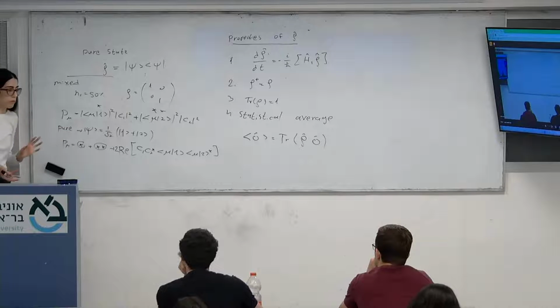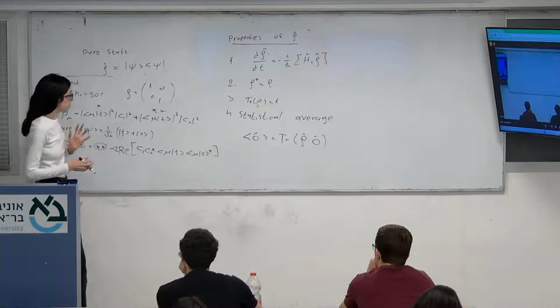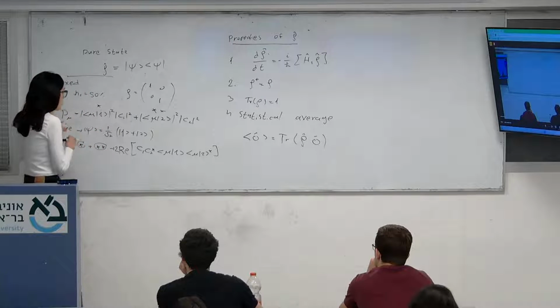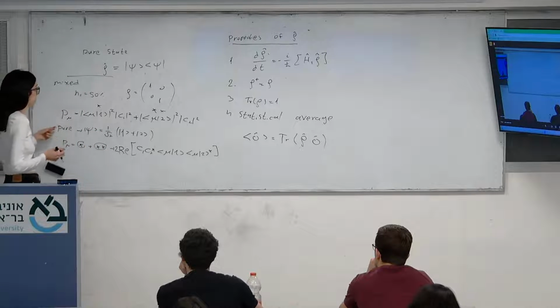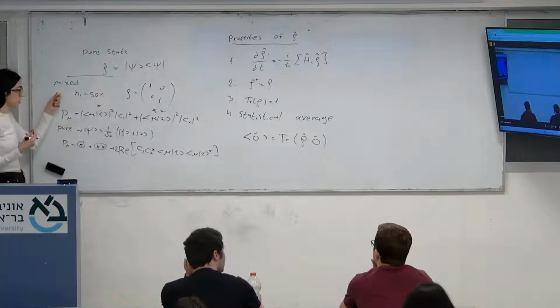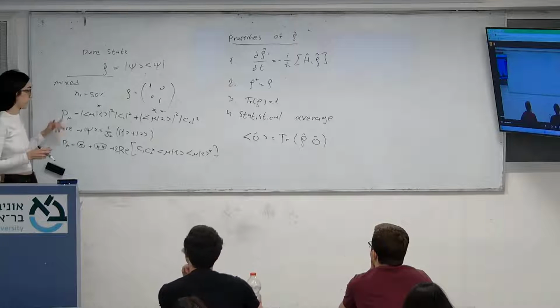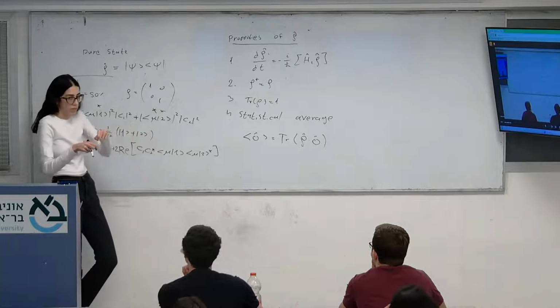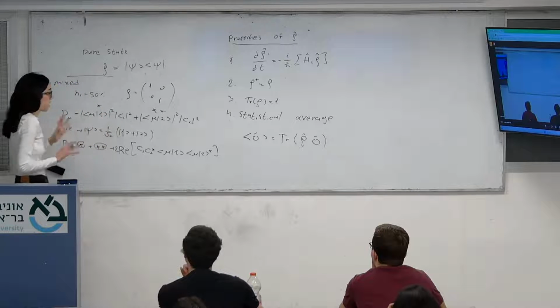I don't want to go too much into that because it's not specifically relevant, but the name can be a bit misleading because in the case of pure states you actually have something that mixes the state, but I didn't choose the name.